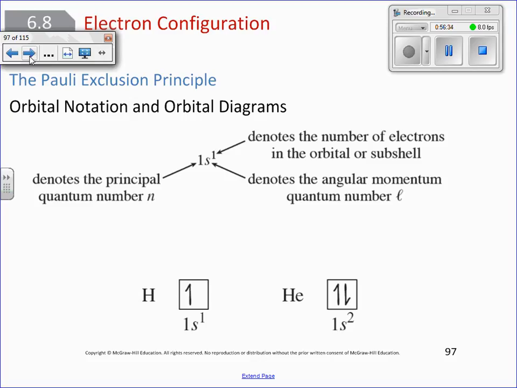Remember we said as the quantum levels get bigger, I can put more electrons in there. So every time I see an s, the maximum is 2, a p, 6, a d, 10, f, 14.